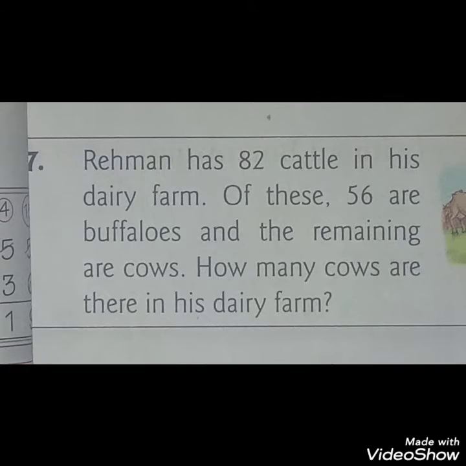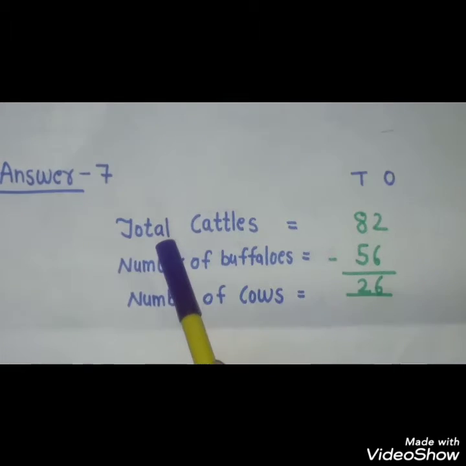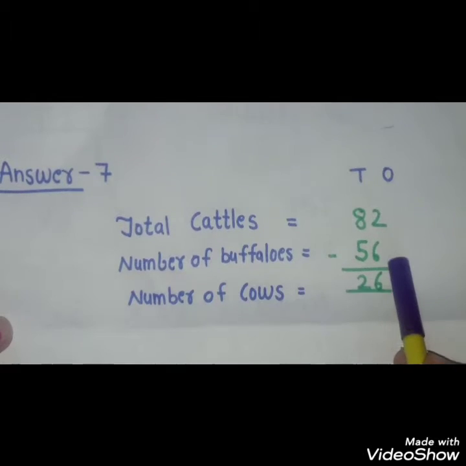Let's do this sum. Students, firstly we write what has been given in the question. Total cattle is 82. Number of buffaloes is 56. Number of cows, when we subtract 56 from 82, we get 26.